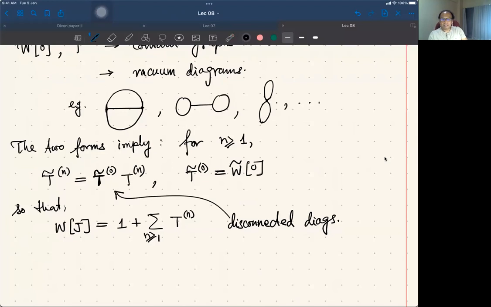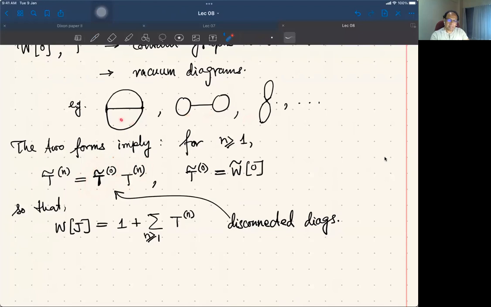However, more generally, disconnected pieces appear in both vacuum and non-vacuum sectors individually. So this just shows that vacuum and non-vacuum diagrams in a disconnected combination appear in W tilde j, but within the vacuum piece, T tilde 0, you have all sorts of diagrams.